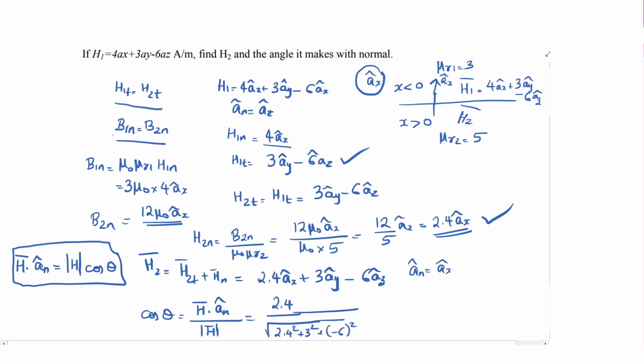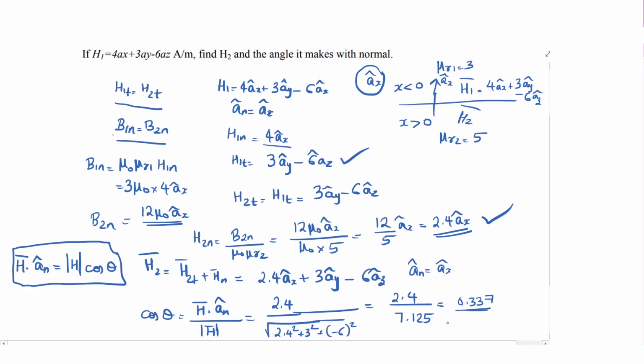The magnitude of any vector is the square root of ax square plus ay square plus az square. On calculating this, you will get 2.4 divided by 7.125, and that will be equal to 0.337.